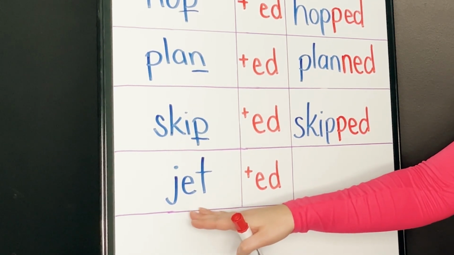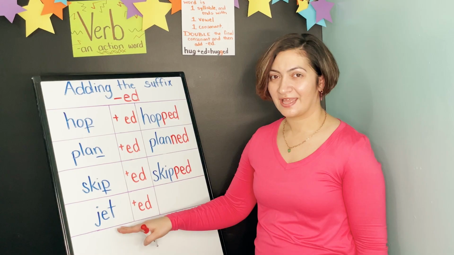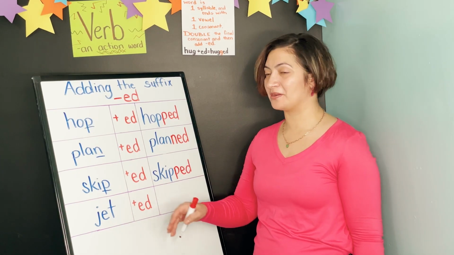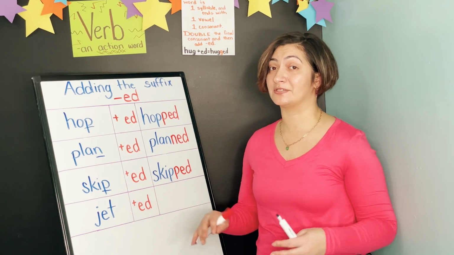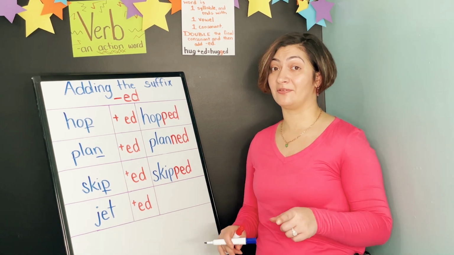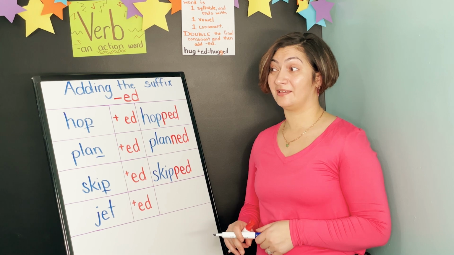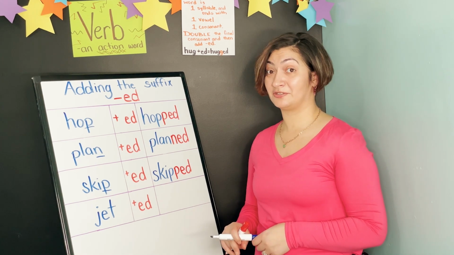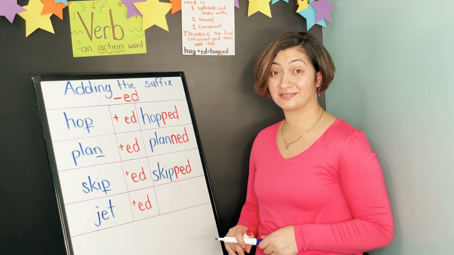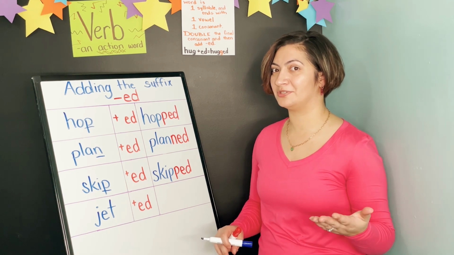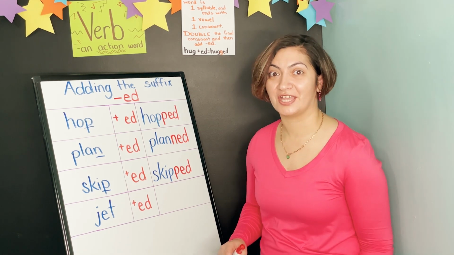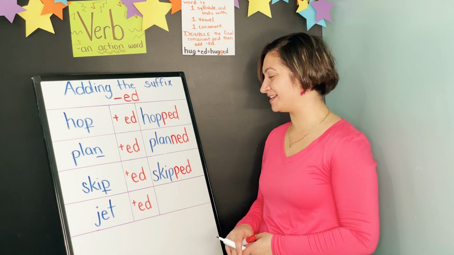All right. And our last verb is jet. Now, when we're using this as a verb, it might mean to run somewhere really fast, right? Because you might be late for something. So maybe you're late for your next class and your mom says, you better jet to class, right? And so if you already did it, you did what? Jetted to class. Nice work. All right.